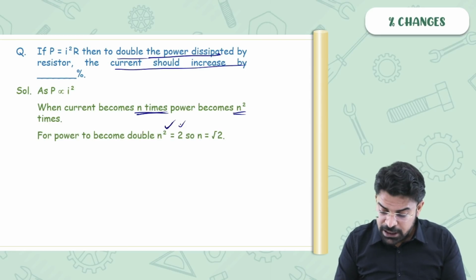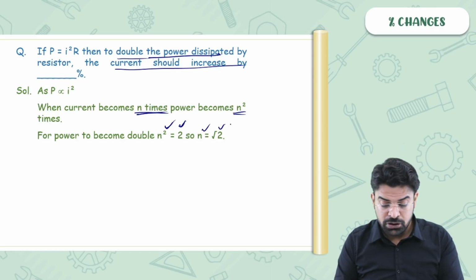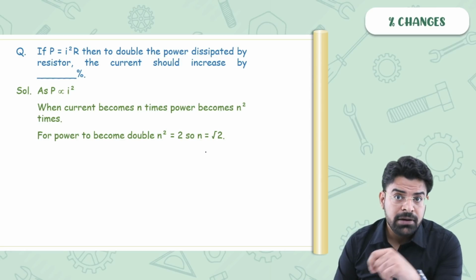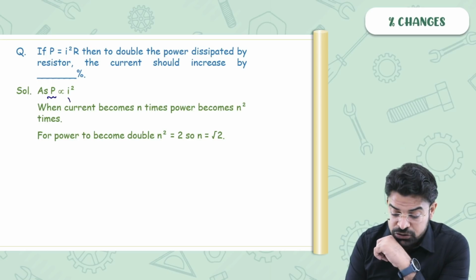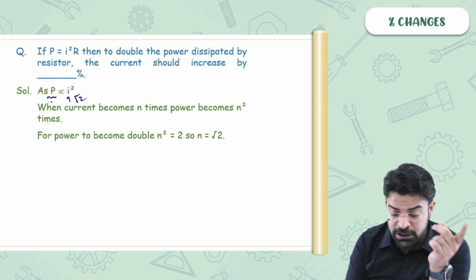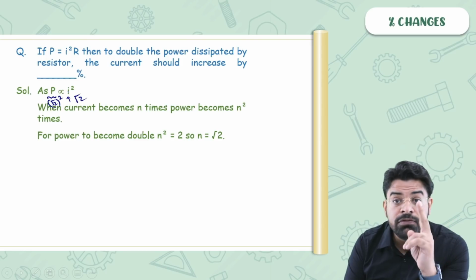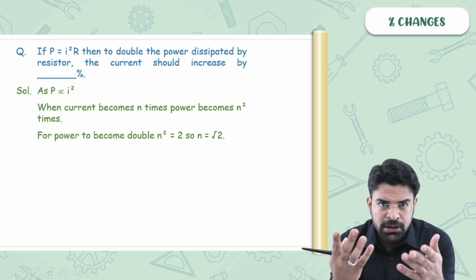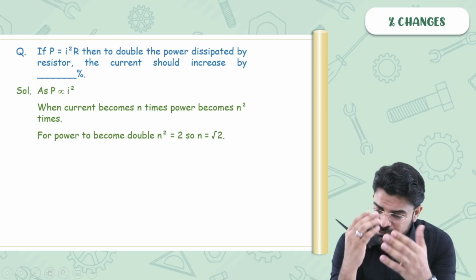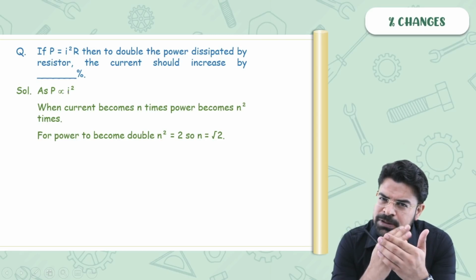If n square equals 2, it means that n is root 2. So do understand, for power dissipated to become double, current should actually become root 2 times, so that the power dissipated becomes root 2 whole square times, which is 2 times. If the current has to become root 2 times, what is the percentage increase in current?